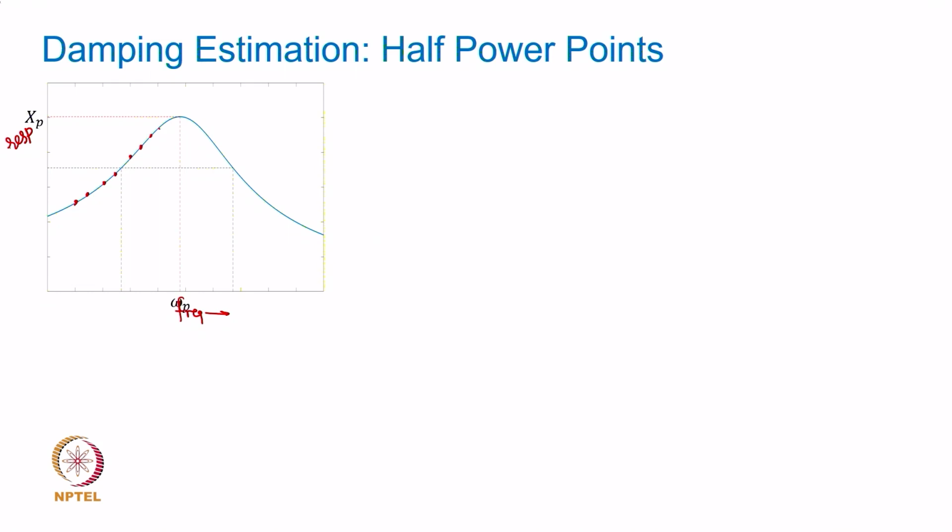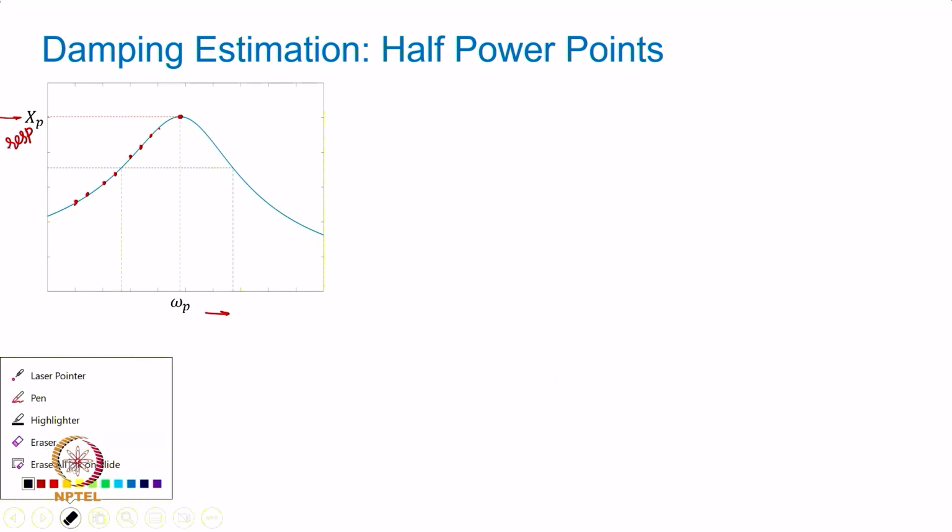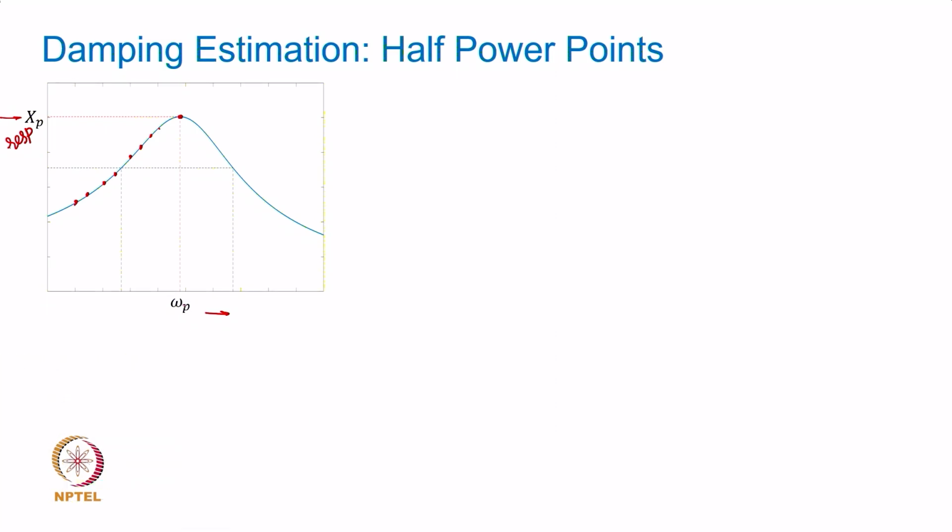Now, obviously, this peak amplitude is referred to as xp, the peak amplitude, and the frequency at which this happens is omega p, that is the peak frequency, or the frequency at which the peak is noted.